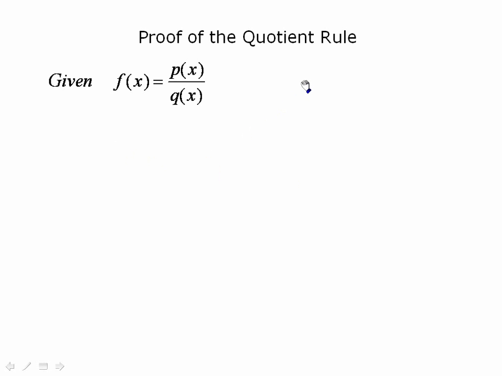Now, given this, if we were to multiply both sides by q of x, we would get this statement: f of x times q of x is equal to p of x. And now, I'm going to differentiate both sides.